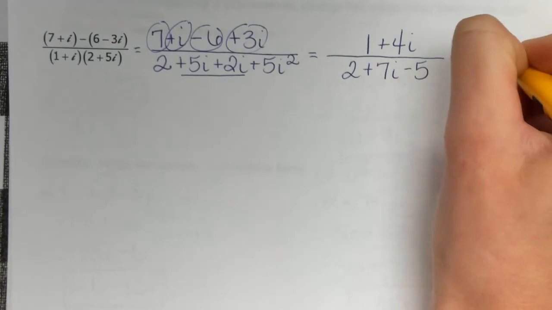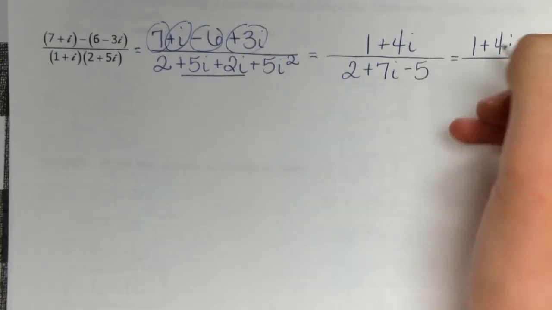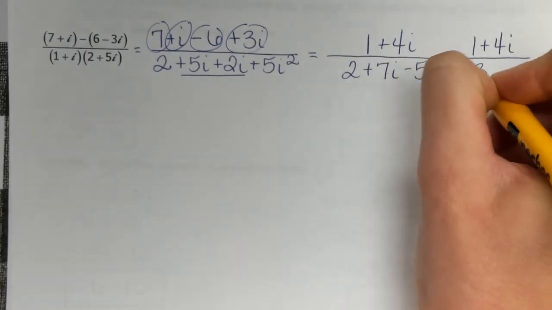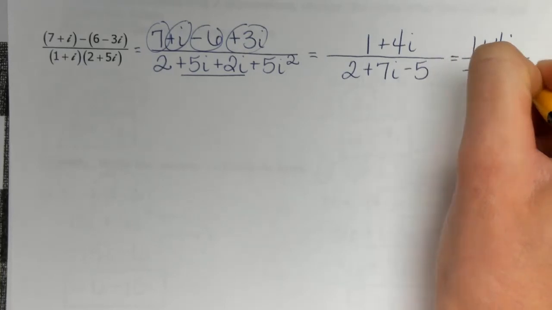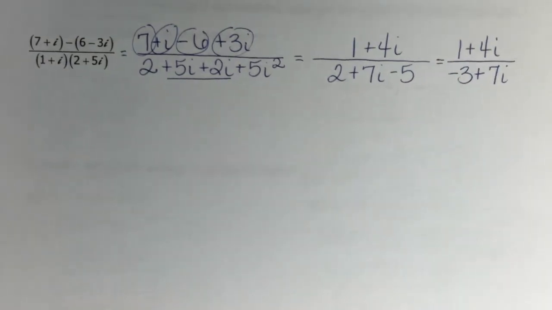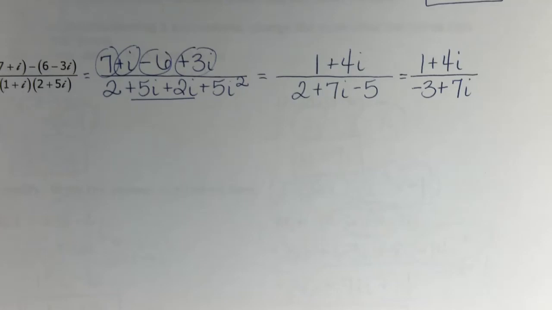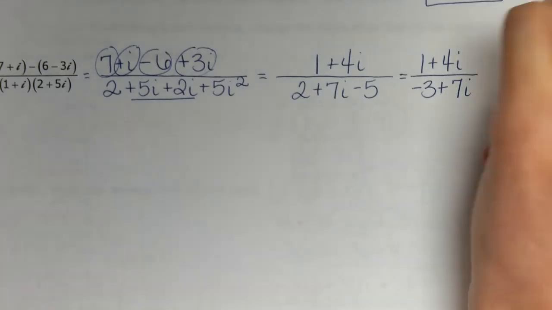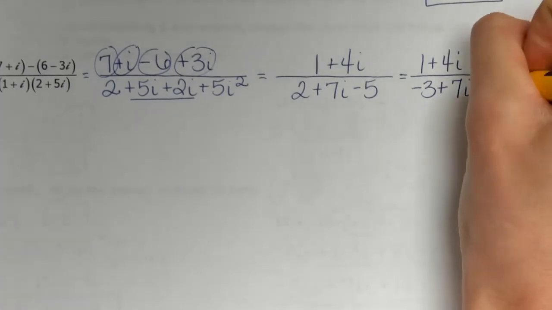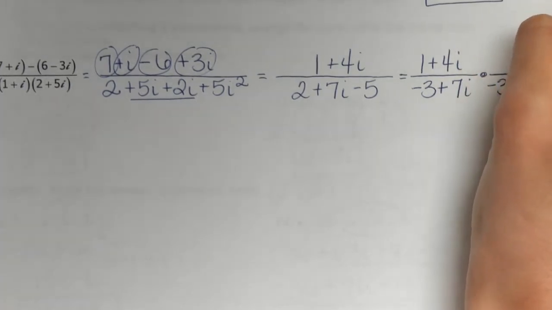So 1 plus 4i, and then my bottom becomes negative 3 plus 7i. Now, that's my simplified form, but I still have an i. So this is where I'm going to multiply by negative 3 minus 7i.